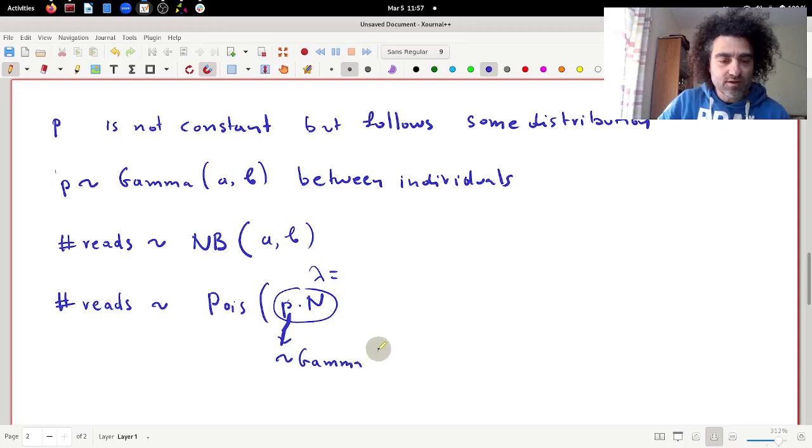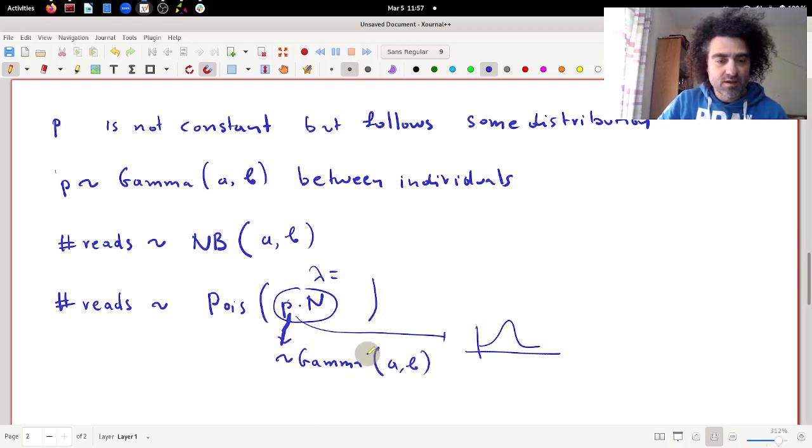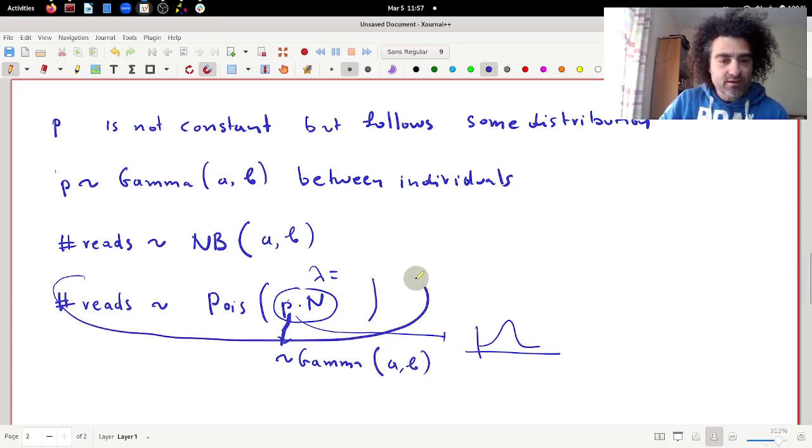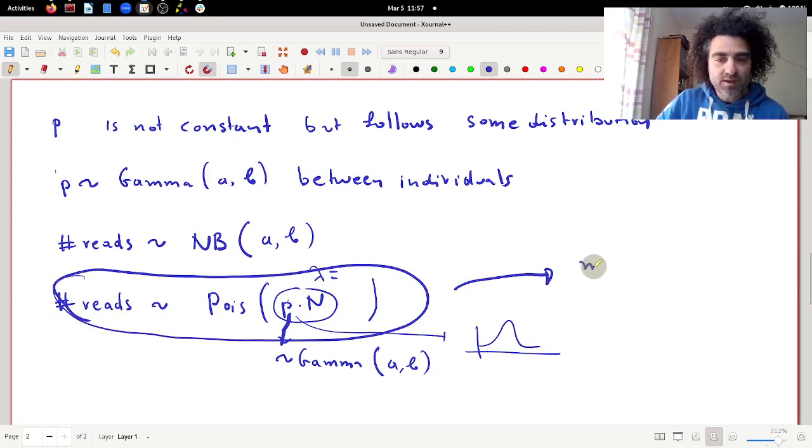You can assume that this is not constant but follows a distribution that may look something like that, let's say. So this number with parameters alpha and beta here. And in this way, the mean is p by n.